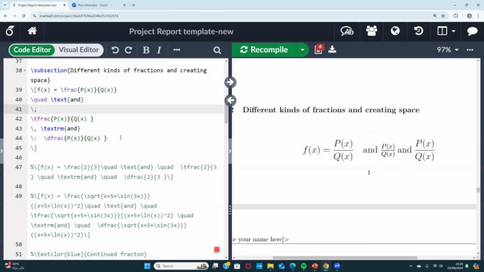There is one command which creates negative space. We'll try it here, and this is backslash exclamation mark.